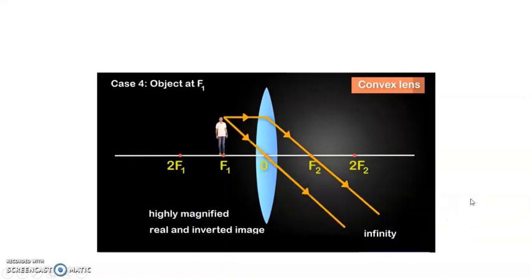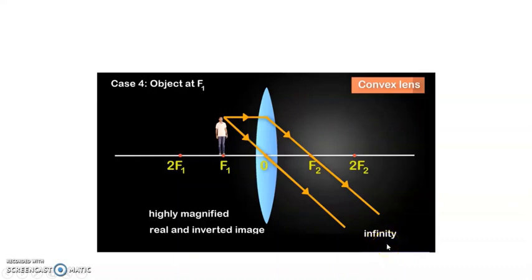There's another case there, case number 4, right? If we draw our object on F1 and then we use either 2 of those 3 ray rules, we'll find that these rays will not intersect at any point. And they'll continue that way, traveling parallel to each other up to infinity.